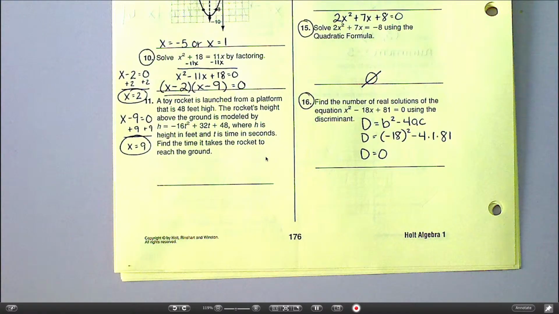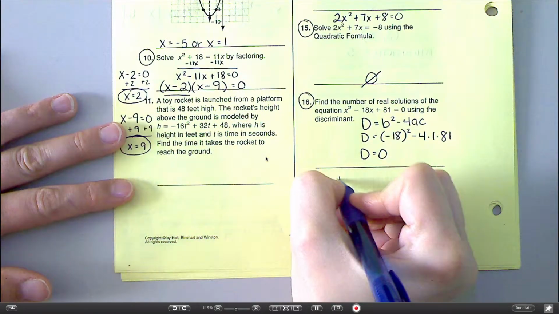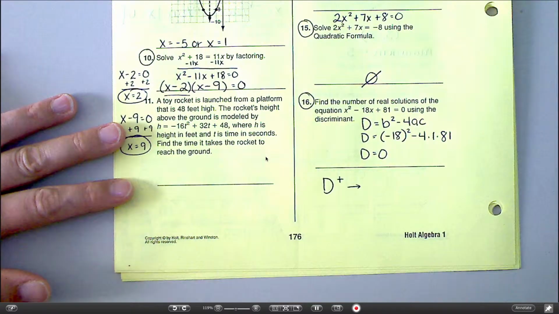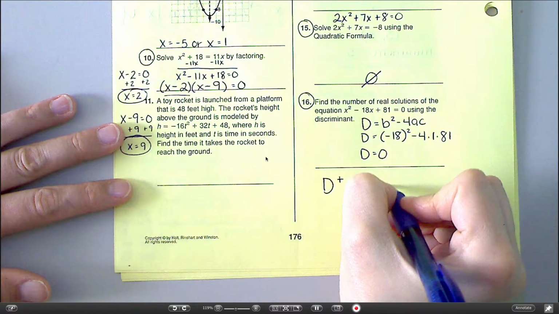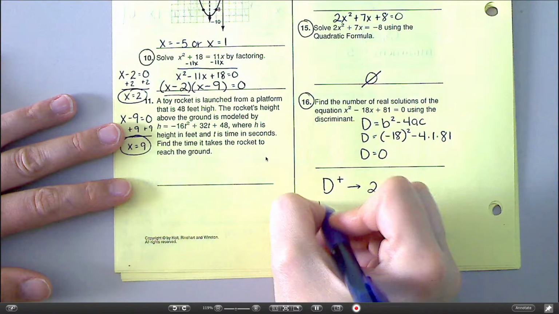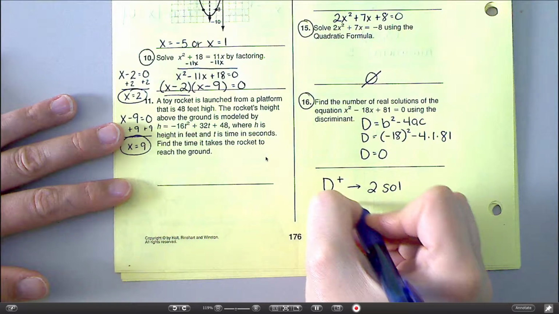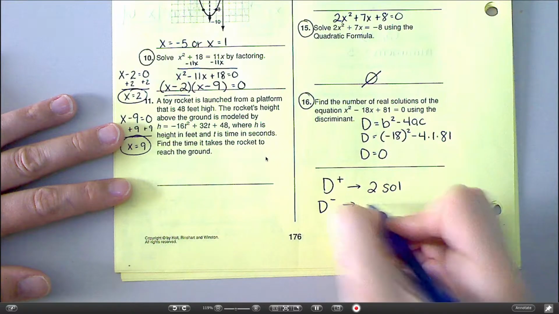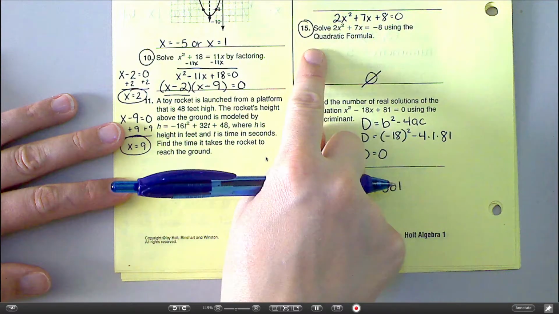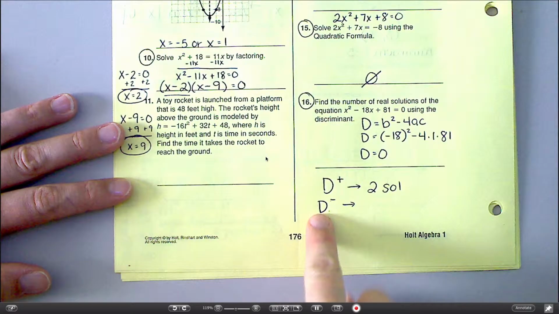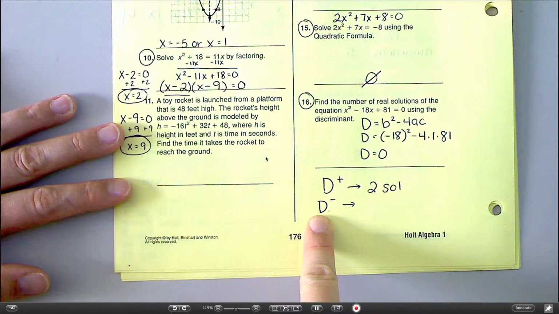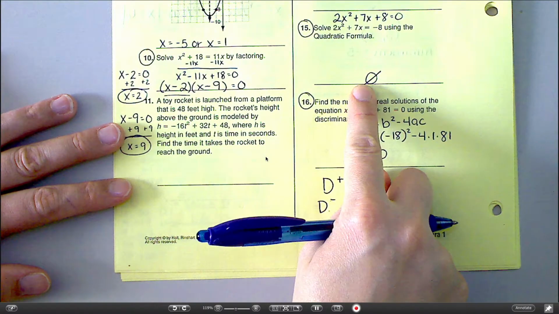What does that mean? You remember? Well, let's start here. If the discriminant is positive, what does that mean? 2 solutions. Good. And just a second ago, we found out that if the discriminant is negative, that would be how many? Back here when we did problem number 15, and we had a negative number, how many solutions? None, right? We had no solution back here.